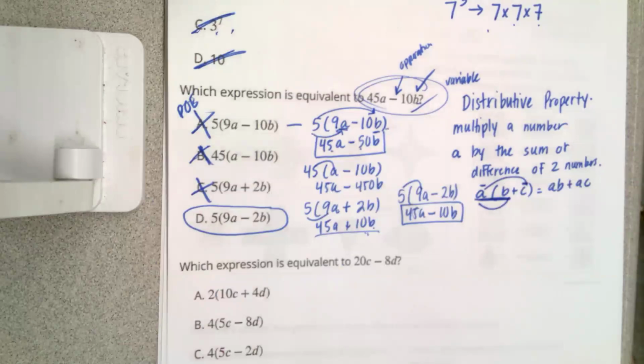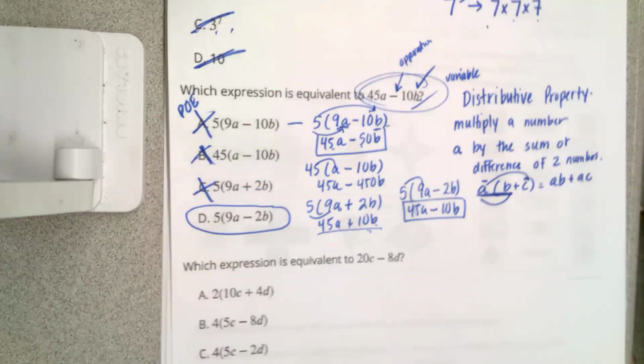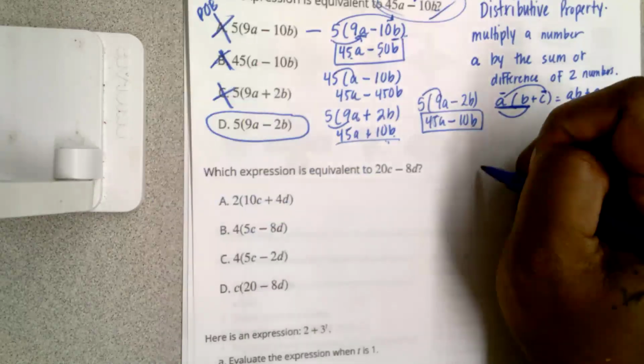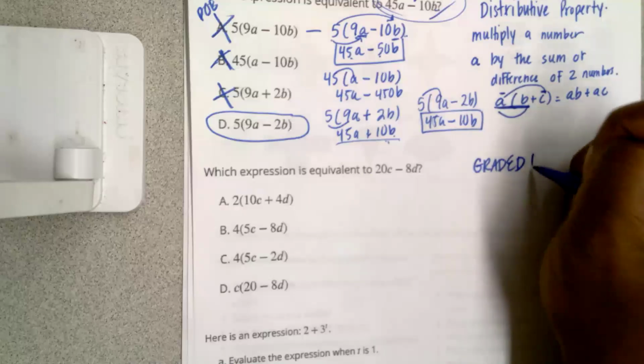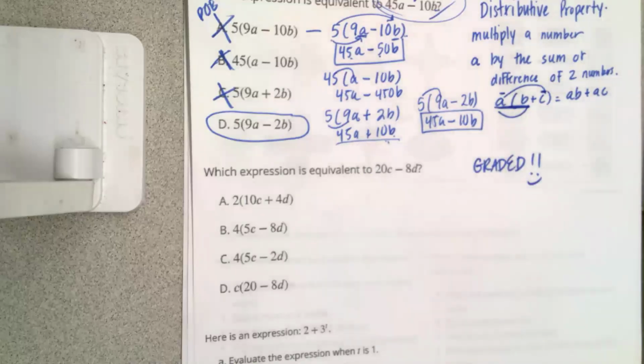And why is D the correct answer? And how well do you understand distributive property? What I want you to do is I want you to solve this one on your own. This will help me understand how much you understand distributive property using process of elimination.